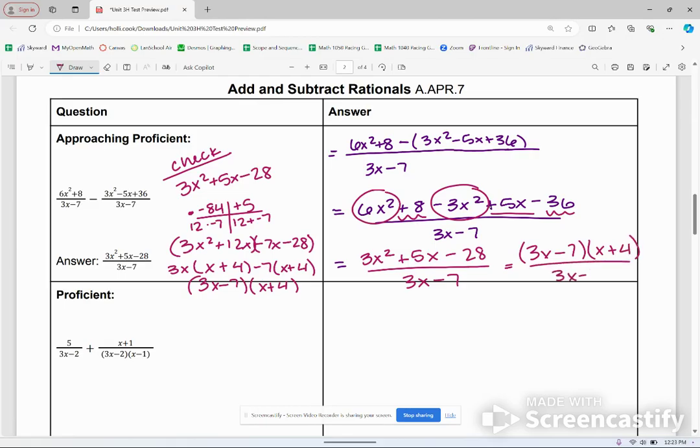That 3x minus 7 is on the bottom as well, and that ends up canceling. So this one is actually equal to just x plus 4. So this answer is actually wrong. It should be x plus 4.